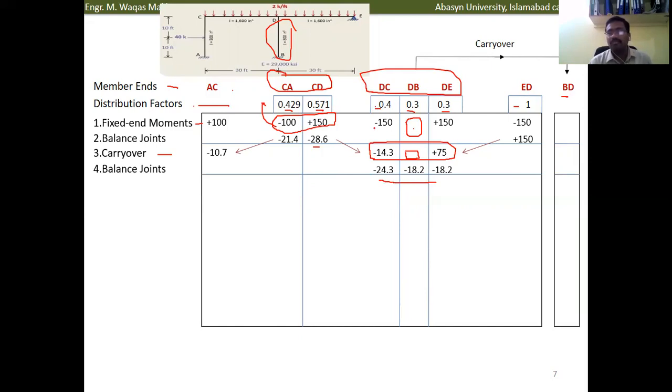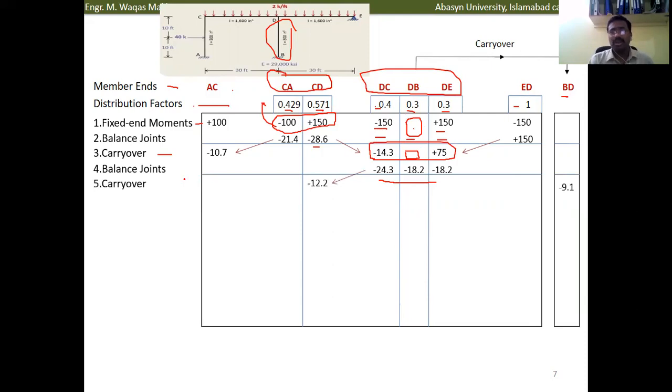While in the first step, the first moment is minus 150, the other is plus 150. So this resultant comes out to be 0. So when 0 is multiplied with the distribution factor, you will get the value of zeros in the balanced joints for the joint D in the very first iteration.